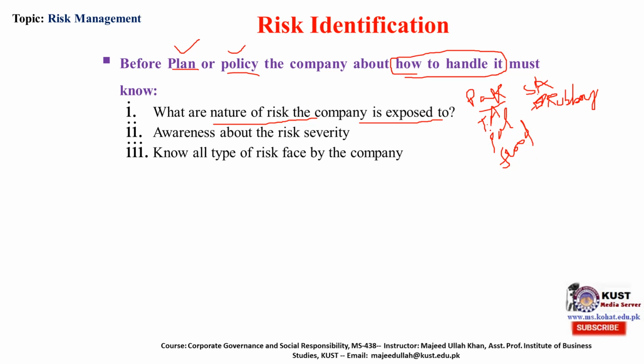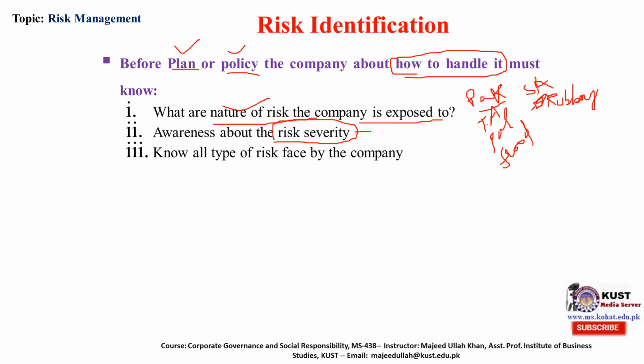Even within a country, different industries, like cement, will have their own risk, while an agriculture business will face its own risk. So the nature of the risk must be assessed and identified.